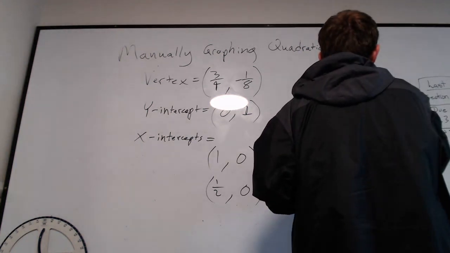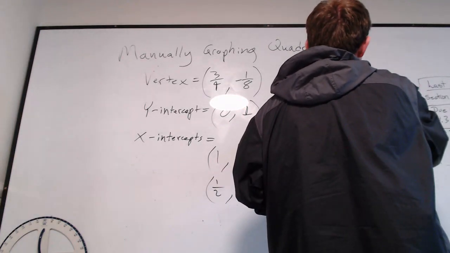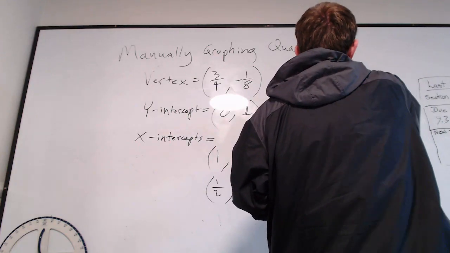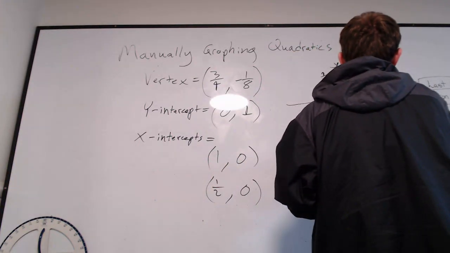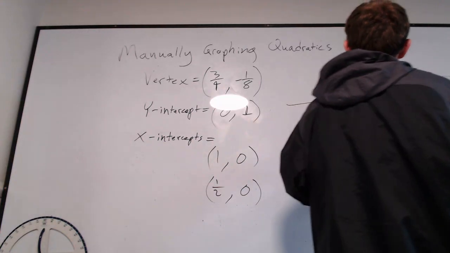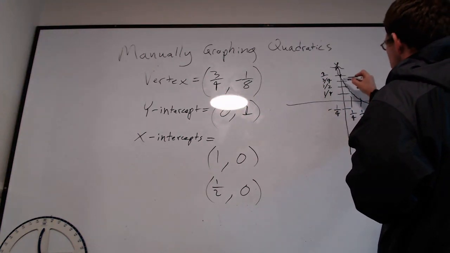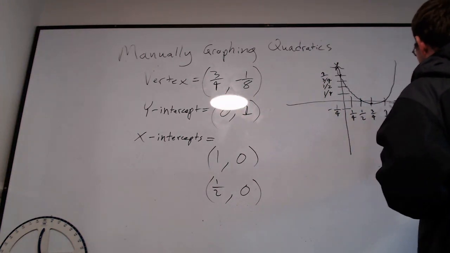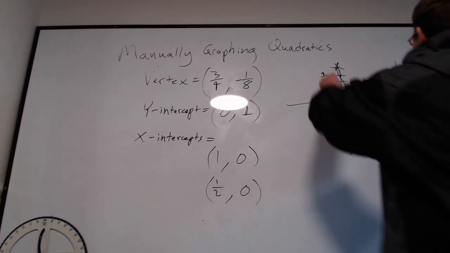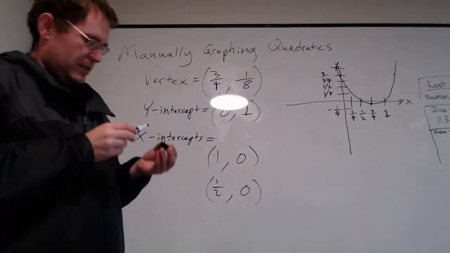We know this is our vertex, so we have a parabola that's coming up like this, and then coming up like so. It should be symmetrical, so we should have these 2 points symmetrical around it. Does that make sense?